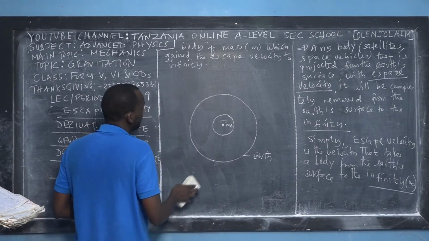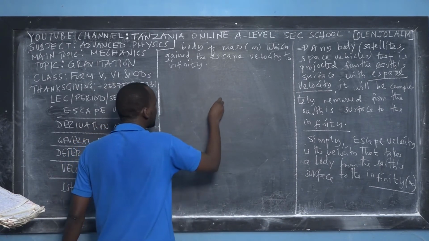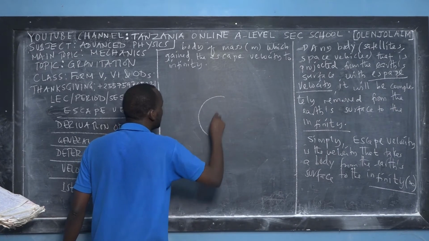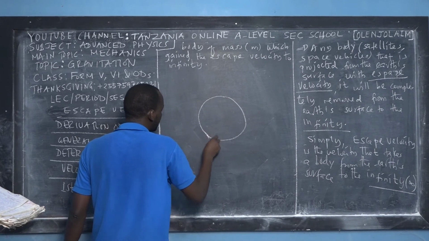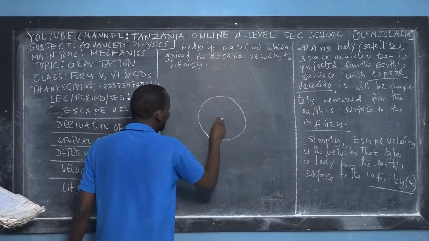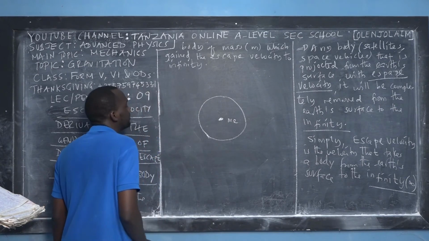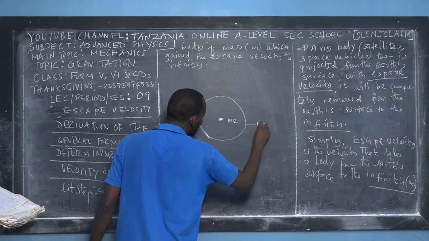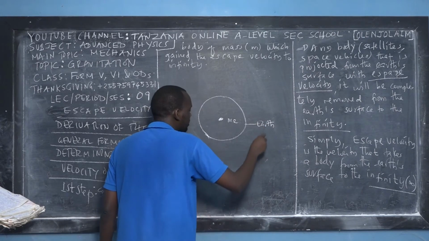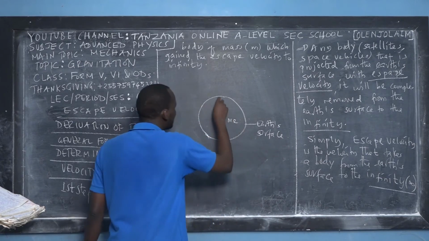Okay, so let me draw it clearly. Suppose that this is the S's surface, the entire S's surface, which is circular. Then this is the center. Here you have mass of the S. So suppose that this is the S's surface, and then this is the point.